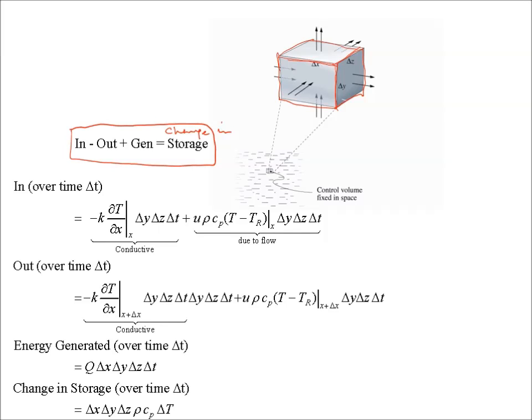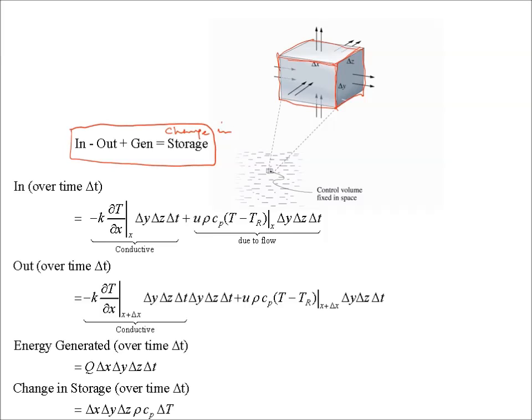So this volume can be in a fluid, like at some corner in your classroom, in the air, or it could be a volume that's in some part of your body, in the tissue. So the material could be the tissue. We just want to do a standard heat balance on this piece of tissue.